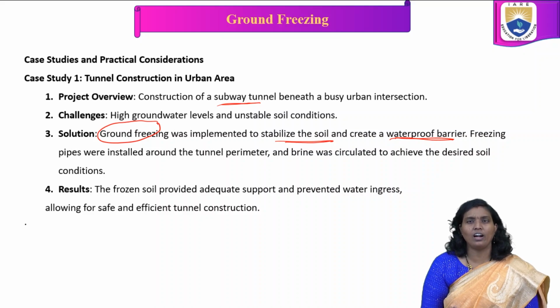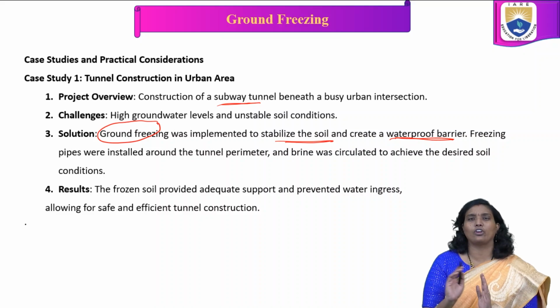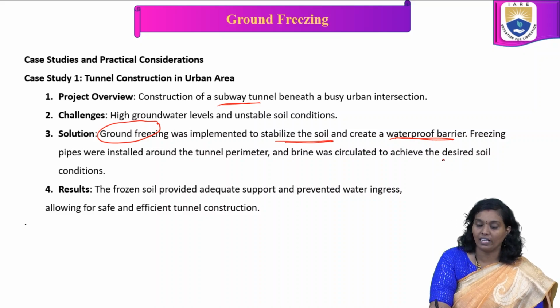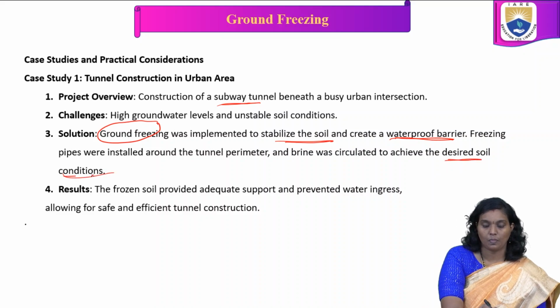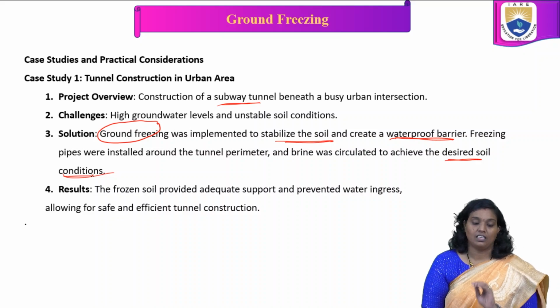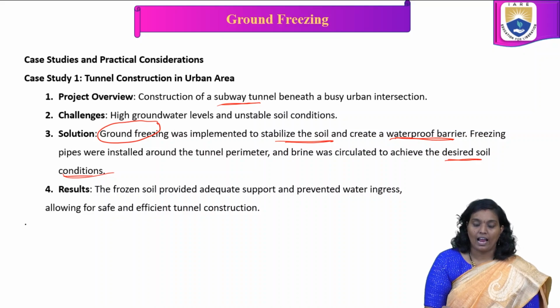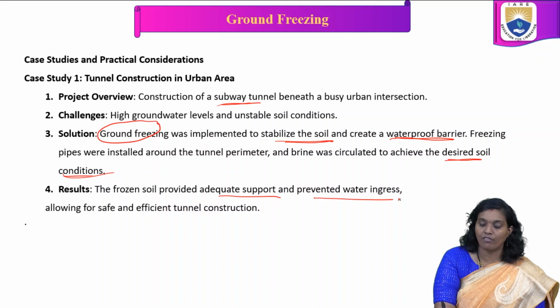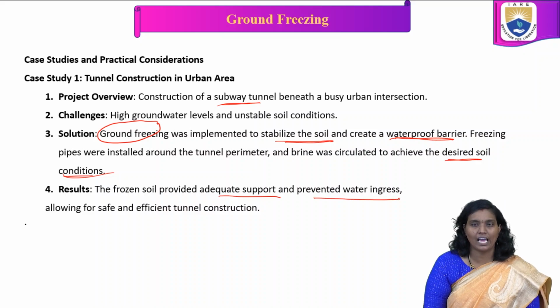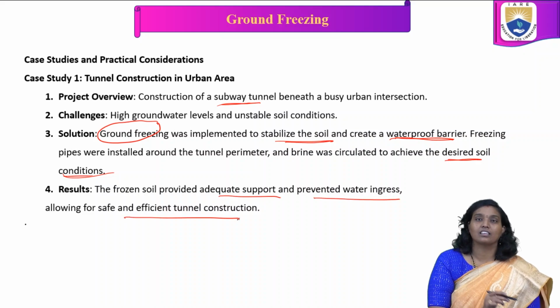Freezing pipes were installed around the tunnel perimeter, and coolant was circulated to achieve the desired soil conditions. Results: the frozen soil provided adequate support and prevented water ingress, allowing for safe and efficient tunnel construction.